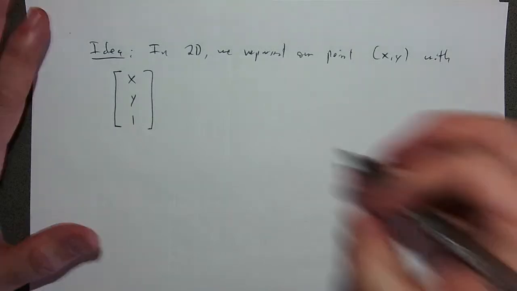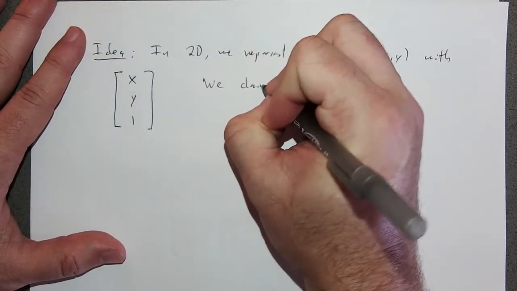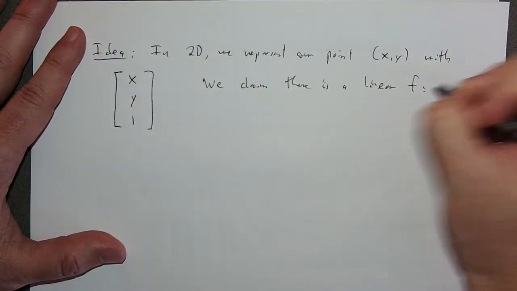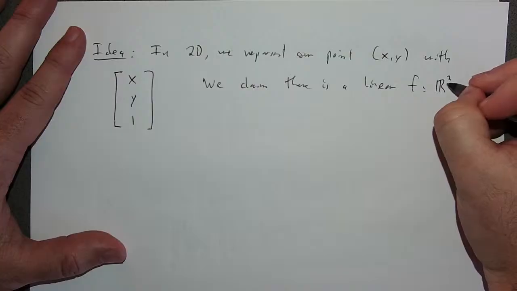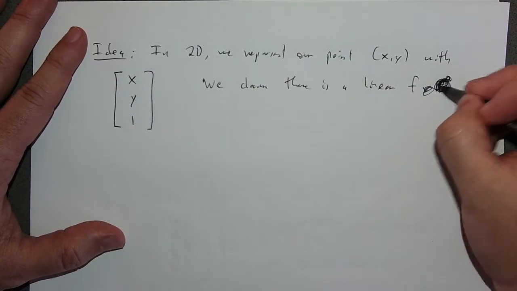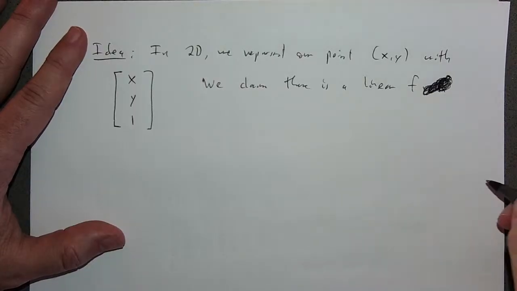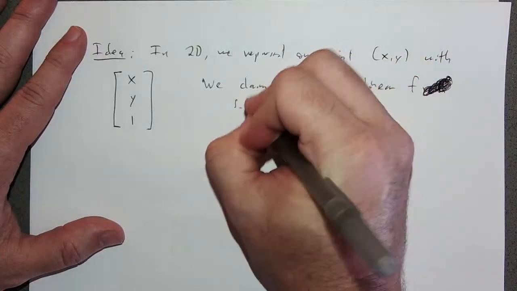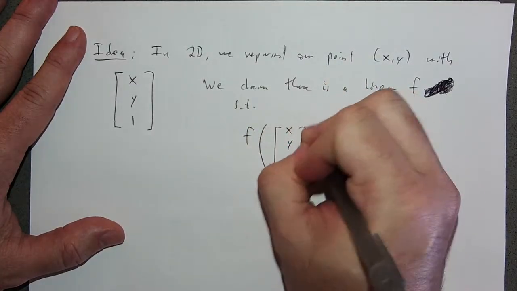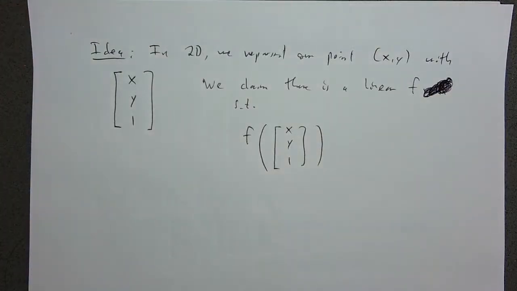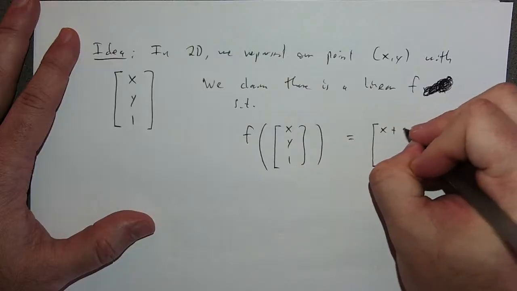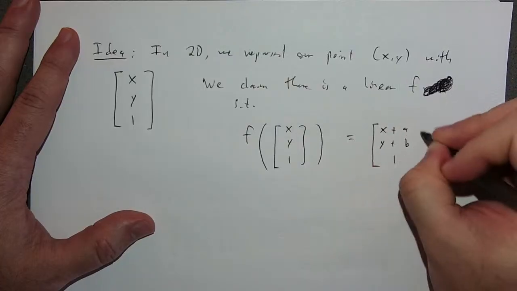So then we claim there is a linear f such that f of the vector xy1 is equal to the vector x plus a, y plus b, 1.